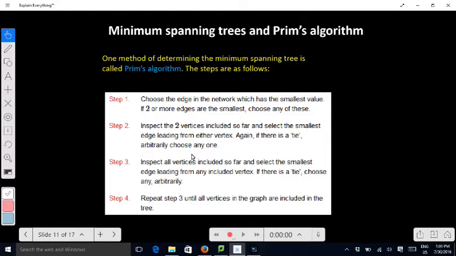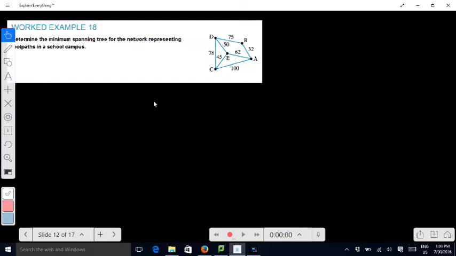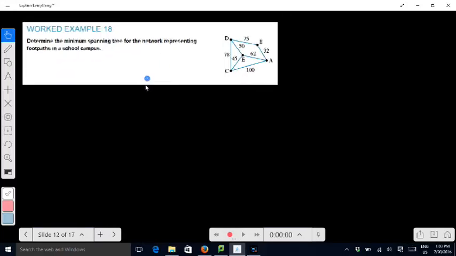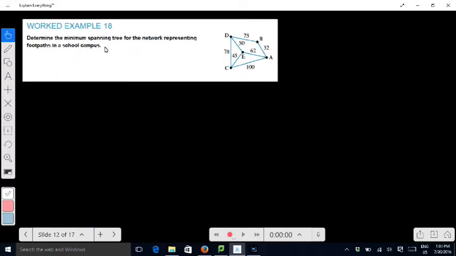Again, if there is a tie, arbitrarily choose any one. Step 3: inspect all vertices included so far and select the smallest edge leading from any included vertex. If there is a tie, again choose either of them. Step 4: repeat step 3 until all vertices are included. Example 18: determine the minimum spanning tree for the network representing the footpaths.